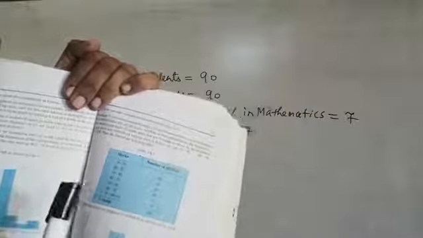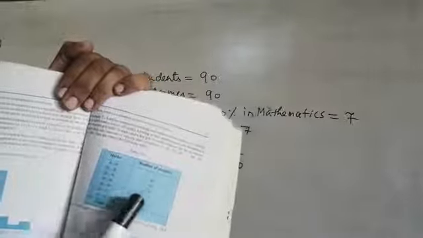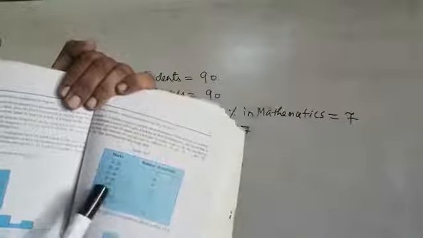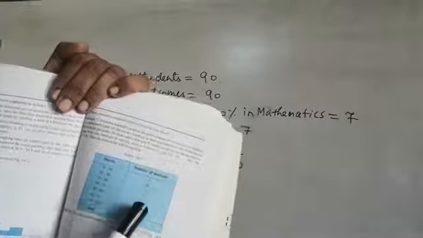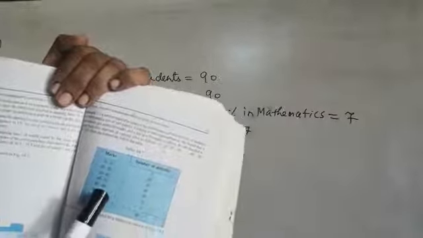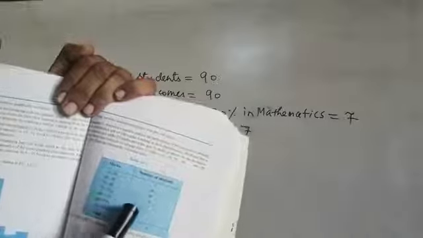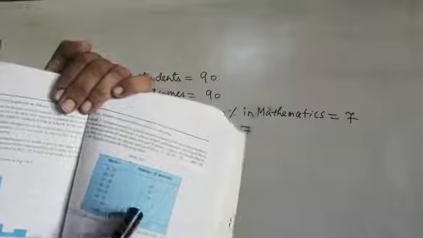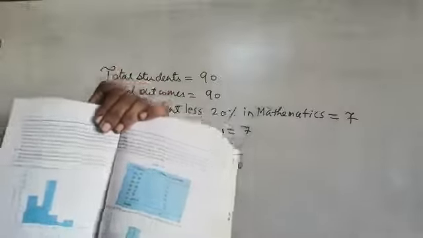So the number of students who got more than 60 will be those in 60 to 70, which is 15, and those above 70, which is 8. We'll add 15 and 8. So 15 plus 8, 23 is the number of students.